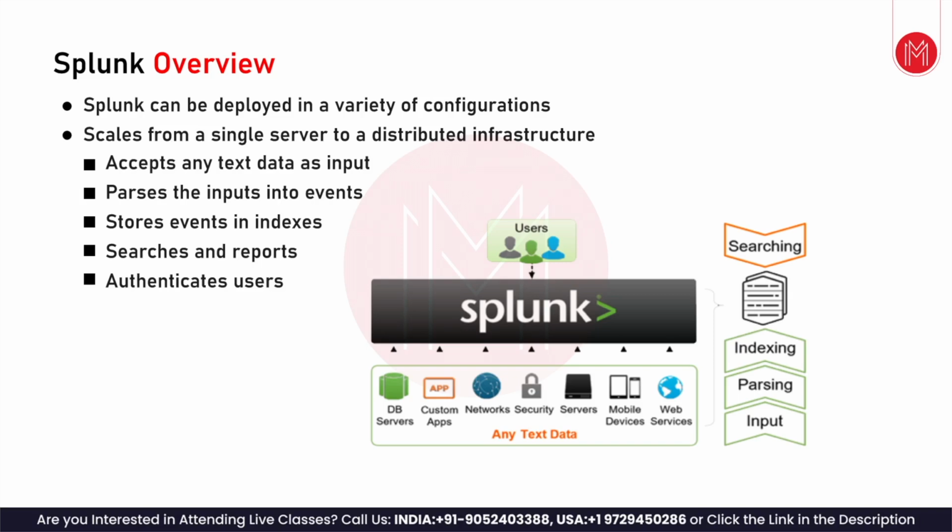I'll also show you where that software is available. And if your server has some database tables, or if it is related to some DB server, then we can also get the data from that server into Splunk. So there are different ways to get the data into Splunk.